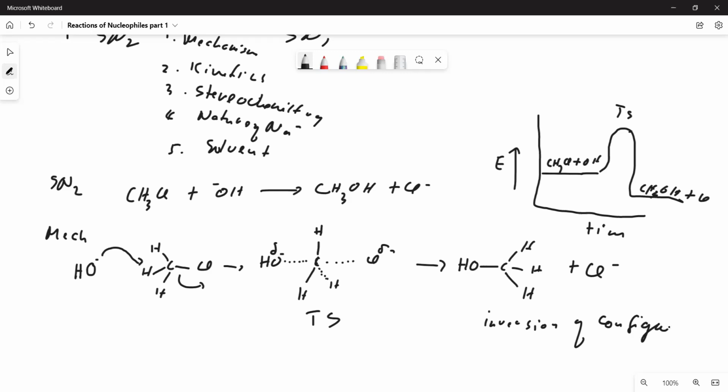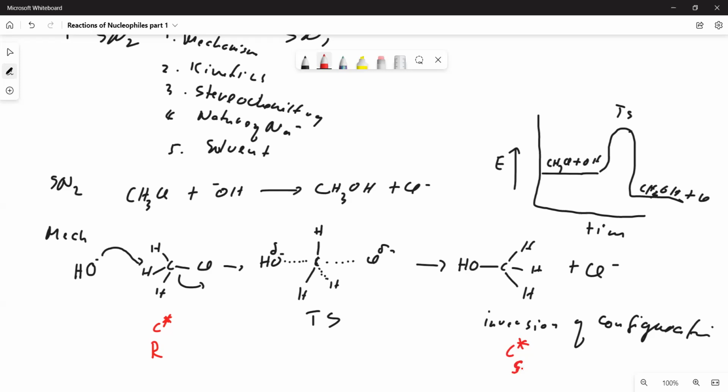And this is very important in identifying SN2 reaction, because if this carbon is chiral, in our example our carbon is not chiral, of course, but if it happens to be chiral and the configuration is R, you will end up with a chiral carbon which is S, because there is complete inversion of configuration.